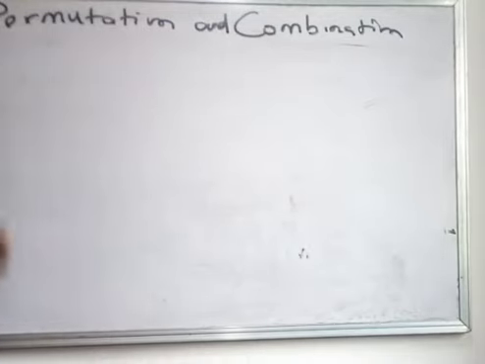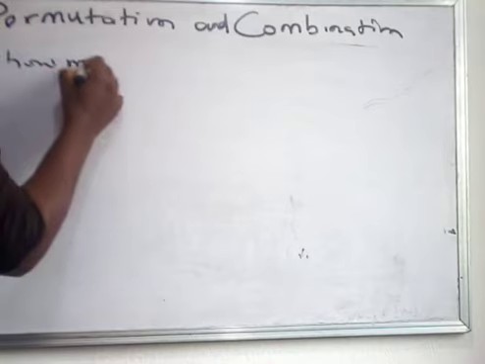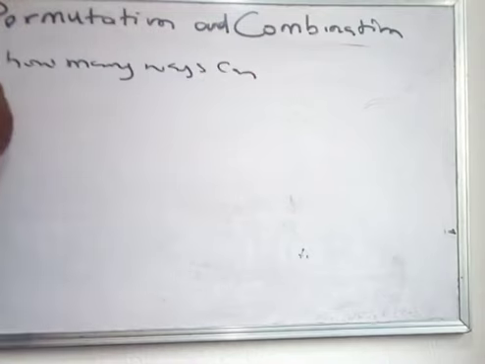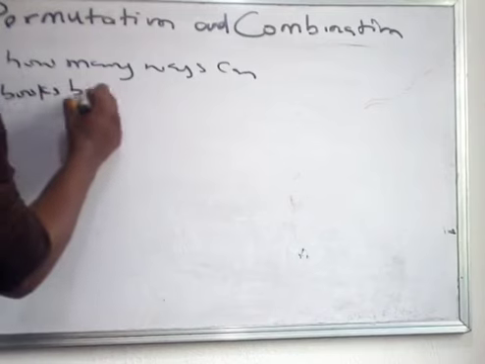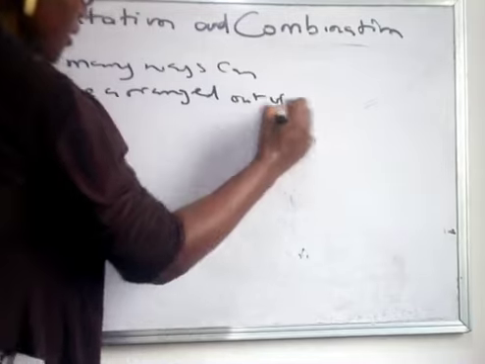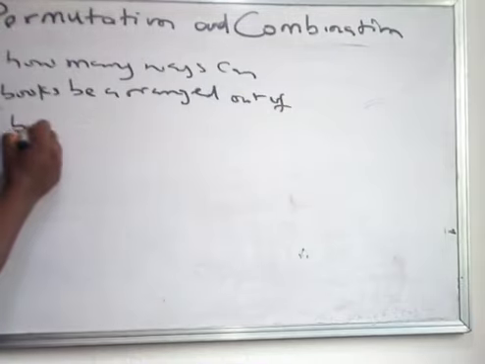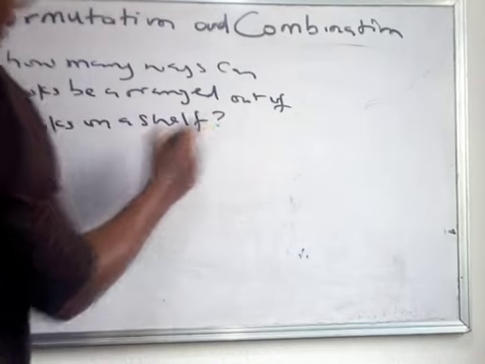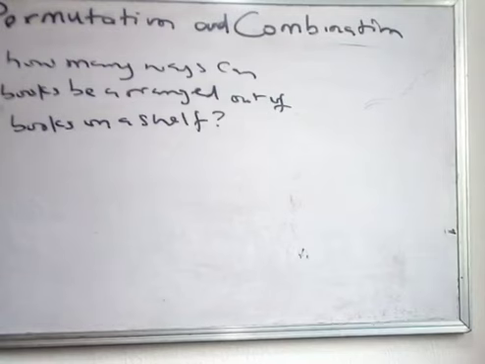So the question says, in how many ways can 3 books be arranged out of 5 books on a shelf? So what do we do? It's a case of arrangement.